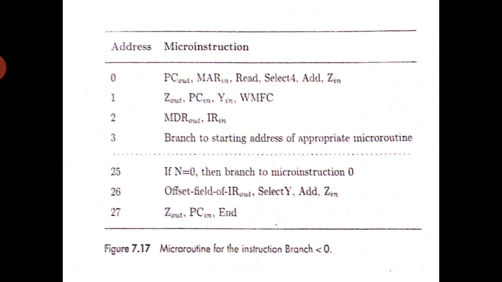So a control word contains bits, and the individual bits represent the various control signals.